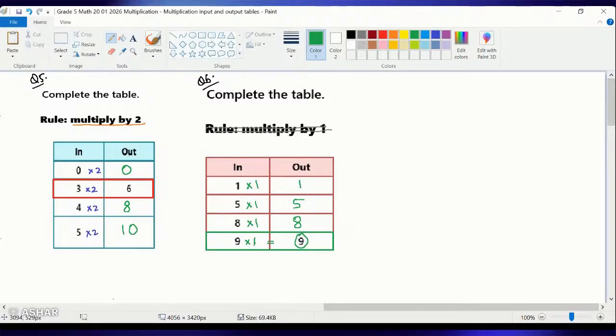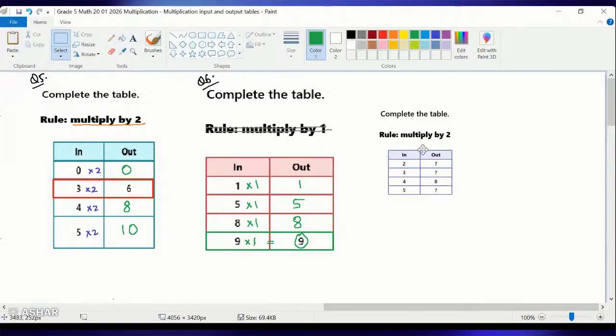Agreed? We can ignore the rule. We are just trying to ignore the given rule because we are trying to find ourselves what it should be multiplied by, what should be the multiplicative value, right? What should be the number that it should be multiplied by? Either we take the information that is given in the question, or by looking at the question, we can always find the number that is multiplying to give the output.